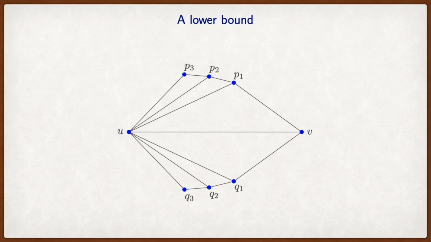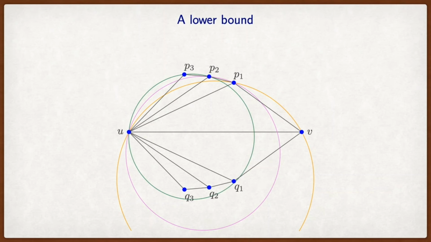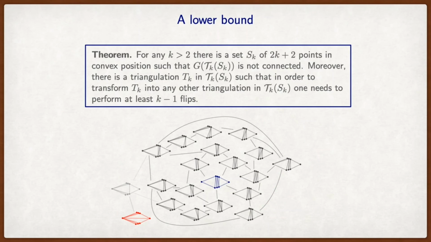Then we take the following triangulation, and we notice that this is an order K triangulation. In this particular case, this is an order 3 triangulation of the point set. However, this triangulation is an isolated vertex in the flip graph of order K triangulations of such point set.